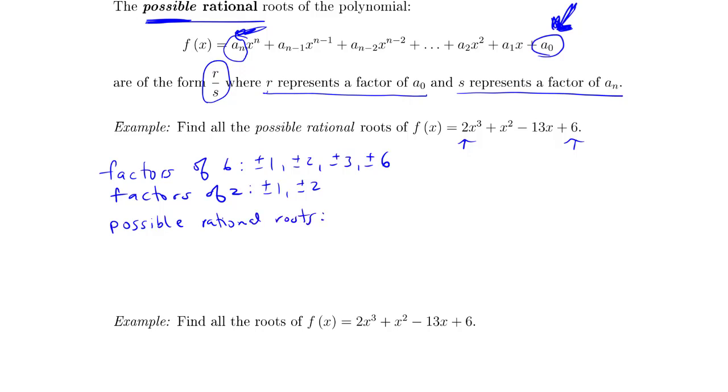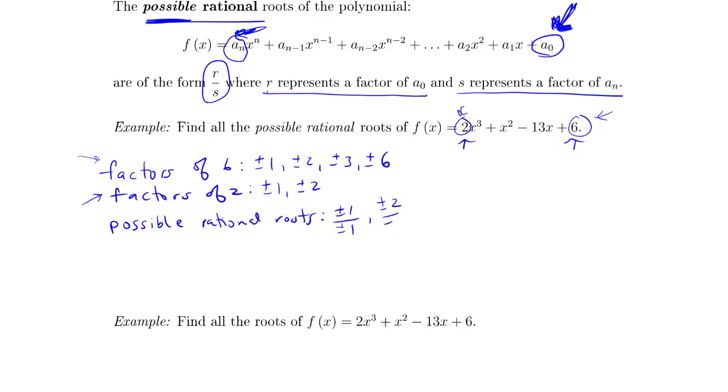So now we have to figure out the possible rational roots. Well, it's going to be a lot of combinations, because basically we have to take every one of the factors of 6 and put it over every one of the factors of 2. Again, note, it's the factors of this number over this number, so the last number over the first number as coefficients. So I'm going to take plus or minus 1 from the 6 and put it over plus or minus 1 from the 2's.